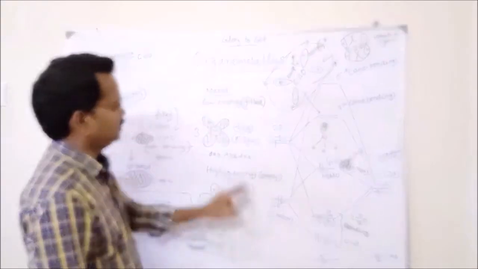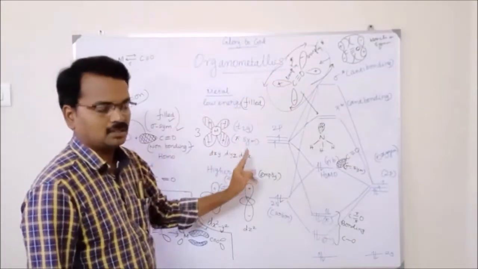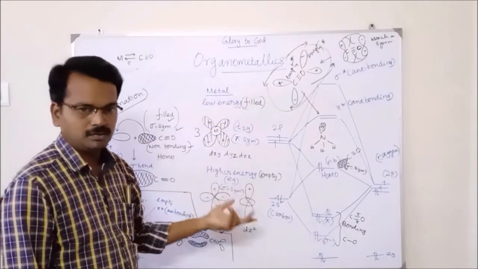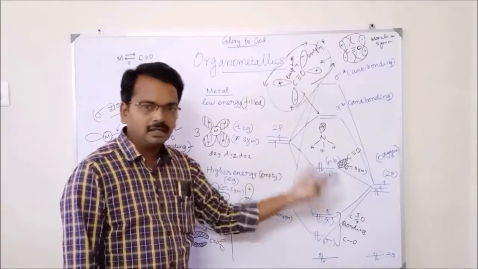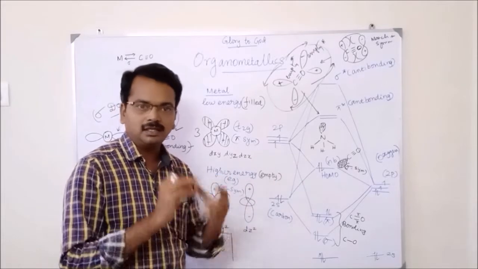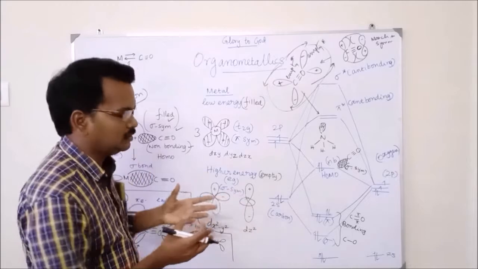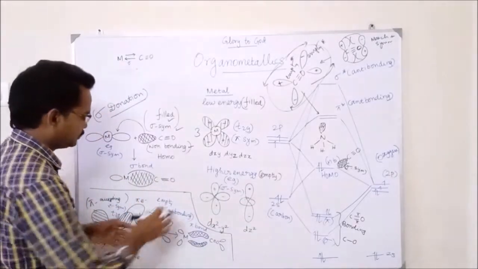Both of them possess pi symmetry. So when both the metal and the ligand possess pi symmetry, no struggle will be observed in the bond formation.